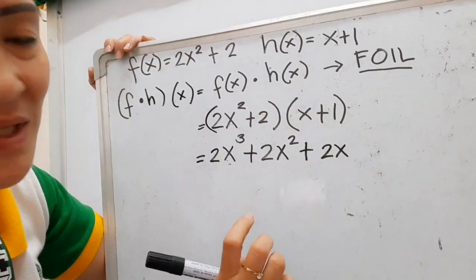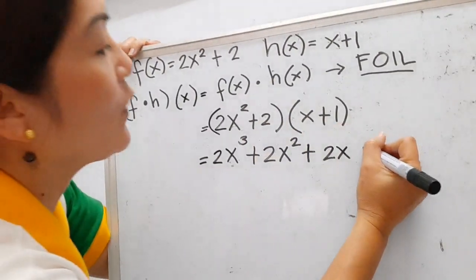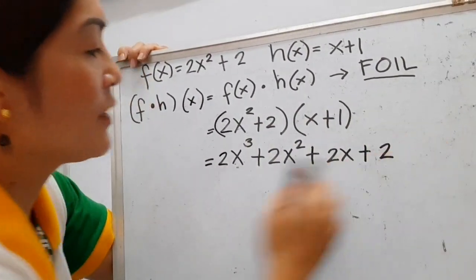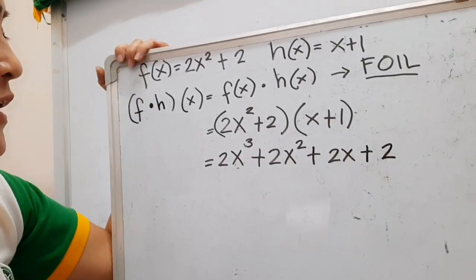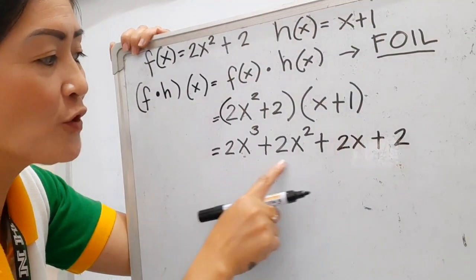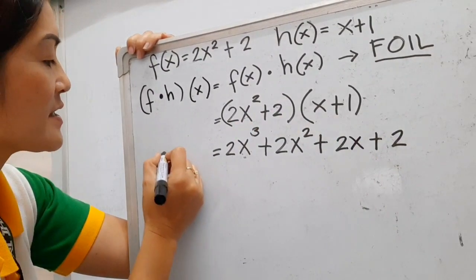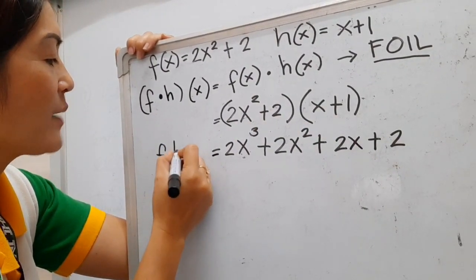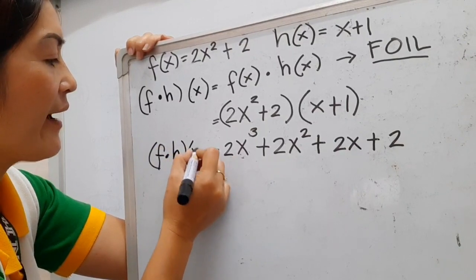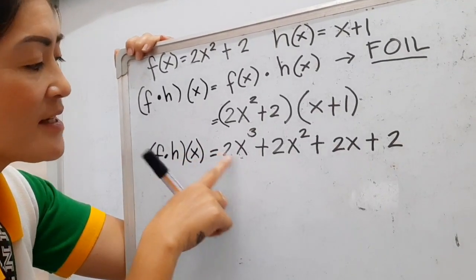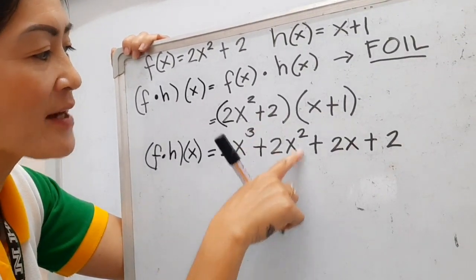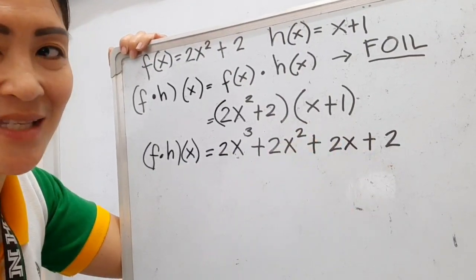Then the last terms, 2 times 1 will give us 2. Simplifying further, since there are no terms that are alike, this will be the final answer of f times h of x. The result is 2x cubed plus 2x squared plus 2x plus 2.